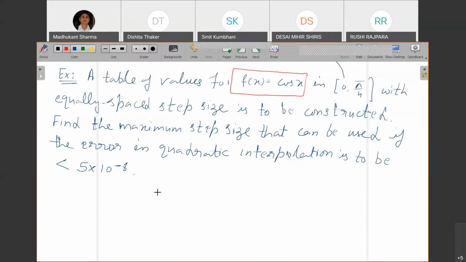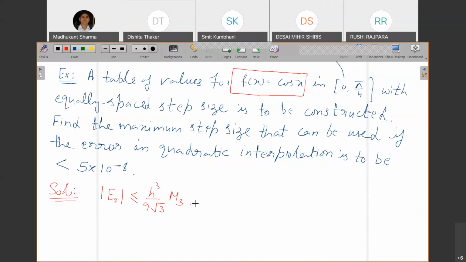If you recall, the error was mod of E2 less than or equal to h cube by 9 root 3 M3.